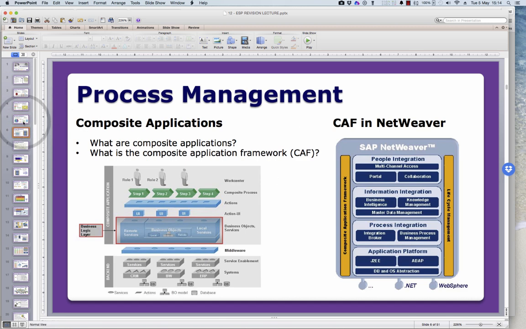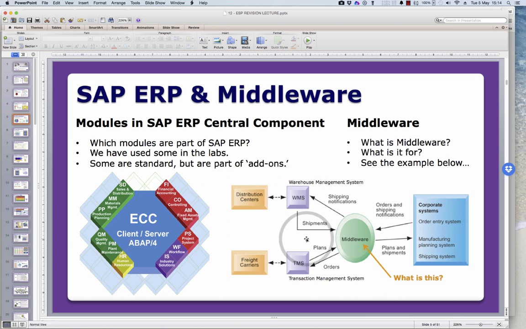Thinking about the middleware for a second, we looked at process orchestration, and you're not going to be expected to remember a lot of that in the exam, but you do need to know what process orchestration is and how it relates to middleware. You can think of different types of mapping there, so just have those things in your mind in the exam.